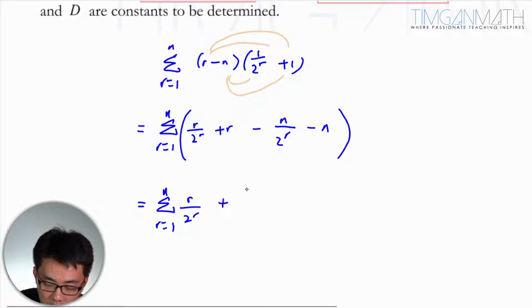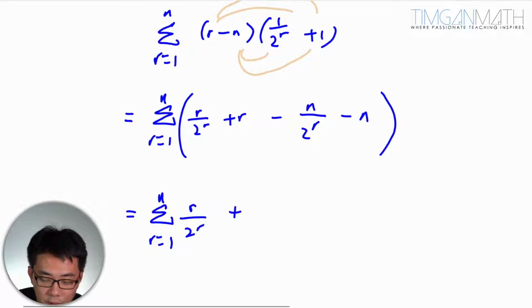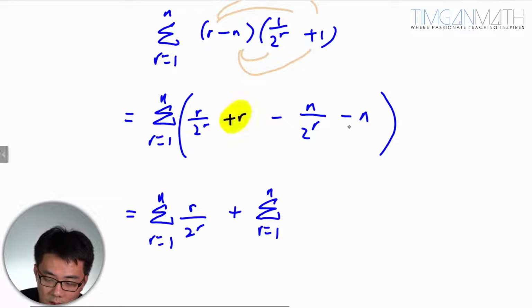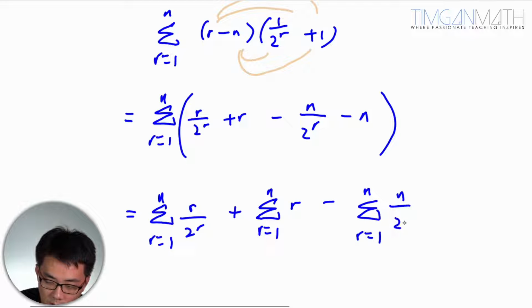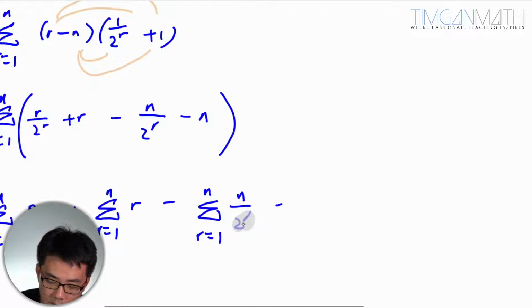Careful, this one you have to be very careful. You can split it up to each individual term if you want to. These are two linear terms, but if you're too confused, you just leave it like that. It's fine. Then minus the sum of n over 2^r, minus the sum of 2r, and the sum of n.